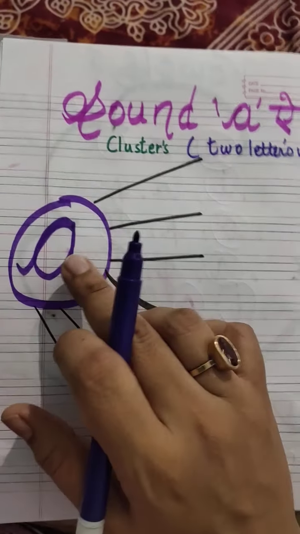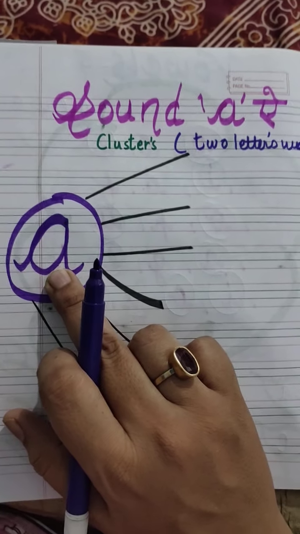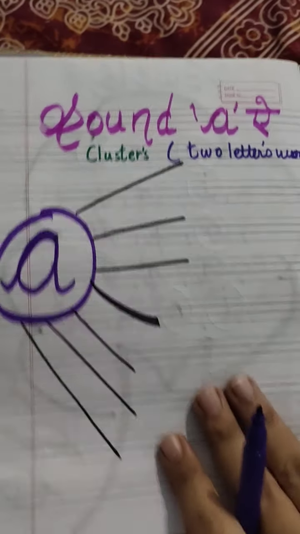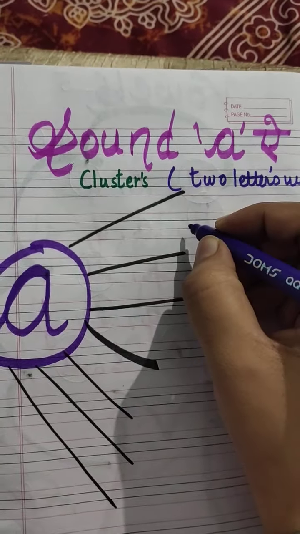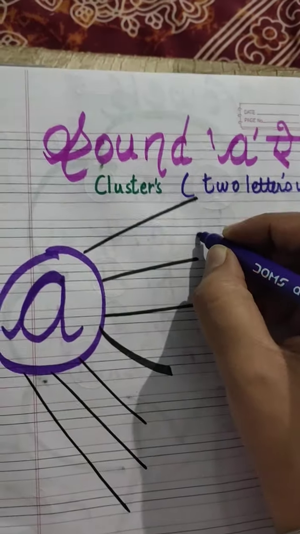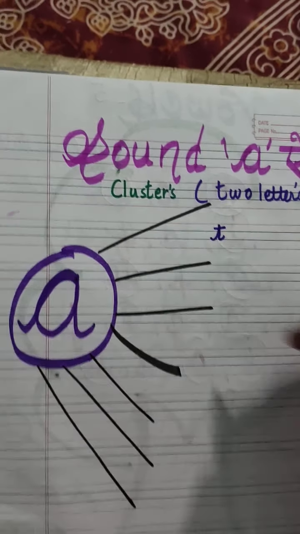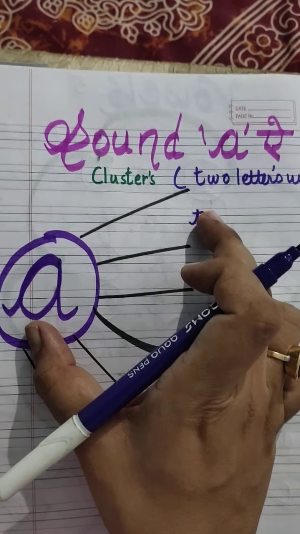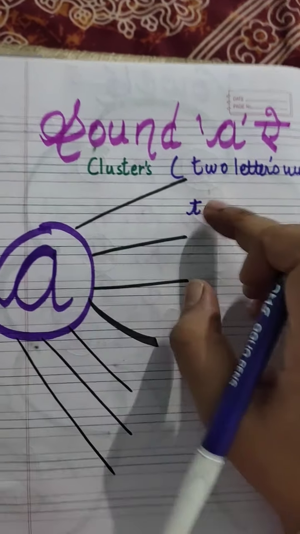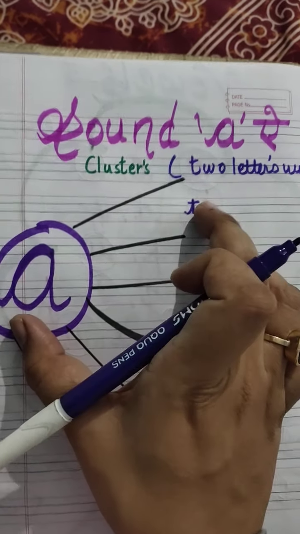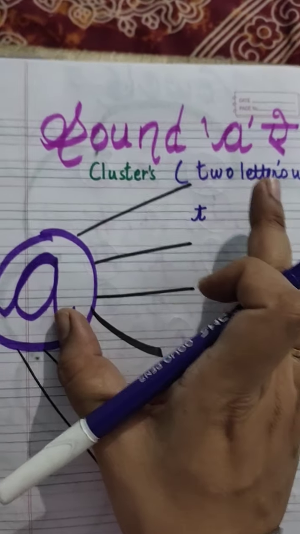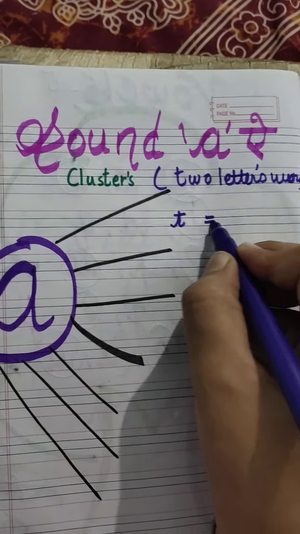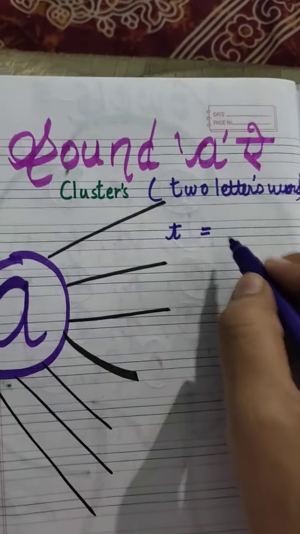So let's start. Now we are doing the sound of letter A. First of all we will take consonant T. We have to join the vowel and the consonant. That will make our cluster. So we have to join these two letters.